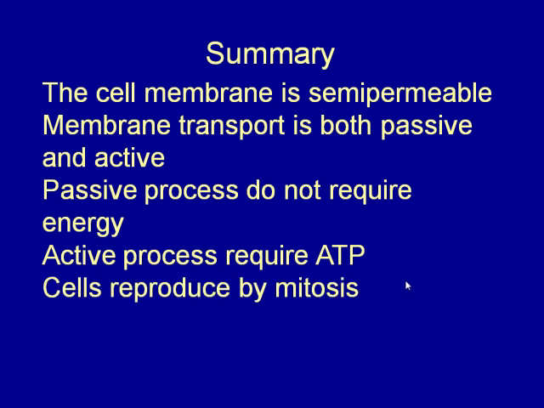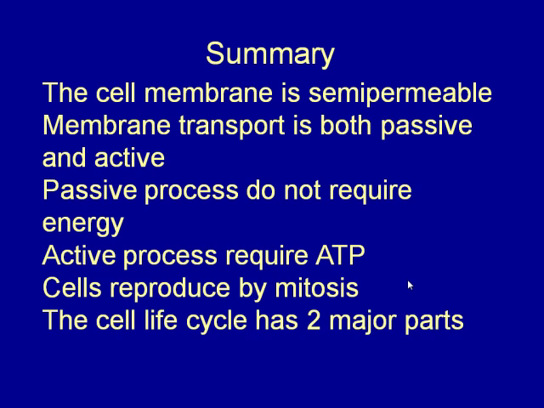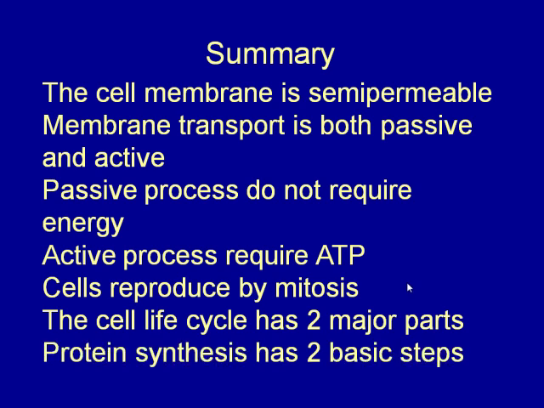Cells reproduce by mitosis, which involves dividing the nucleus and the cytoplasm. There are two major life cycle phases. There's interphase and then there's the cell division. Protein synthesis uses transcription and translation.